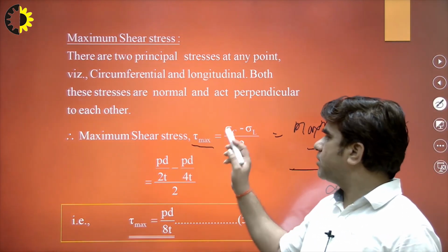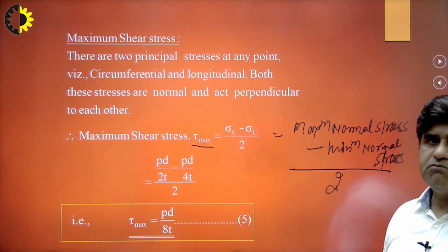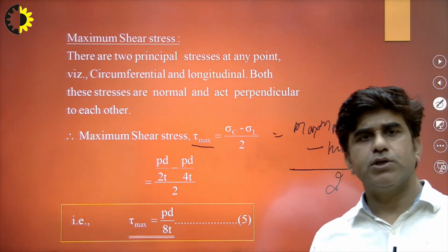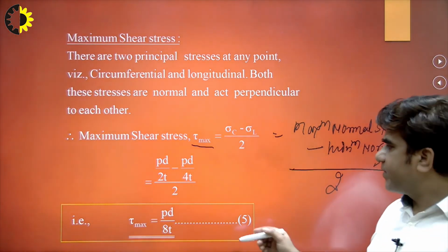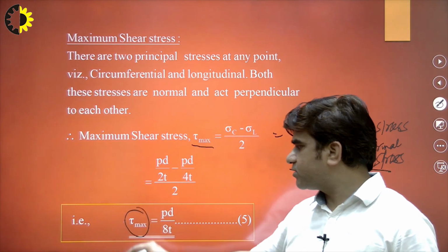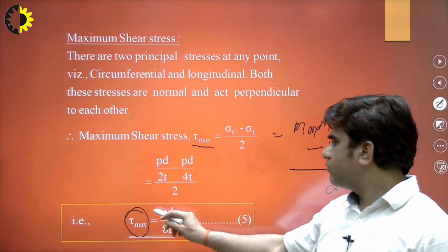Just by putting the value of sigma C, PD by 2T minus PD by 4T upon 2, it is simplified as tau max, maximum shear stress, as PD upon 4T.